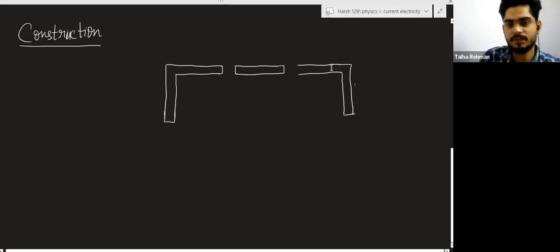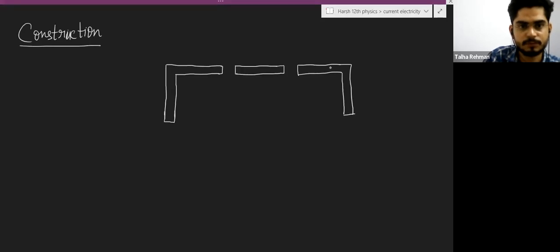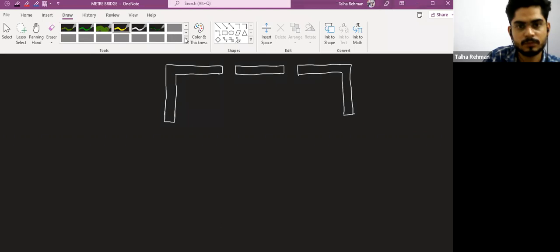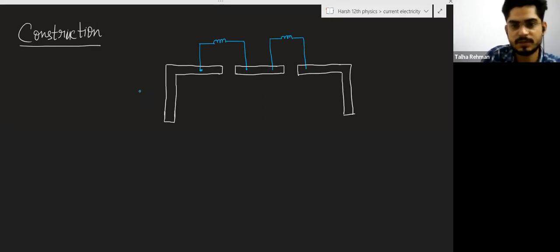These are copper strips. Suppose we have connected our resistance between these points, and here we have connected a straight wire.